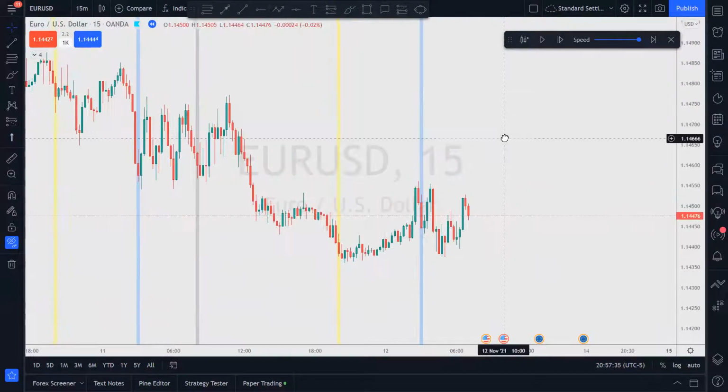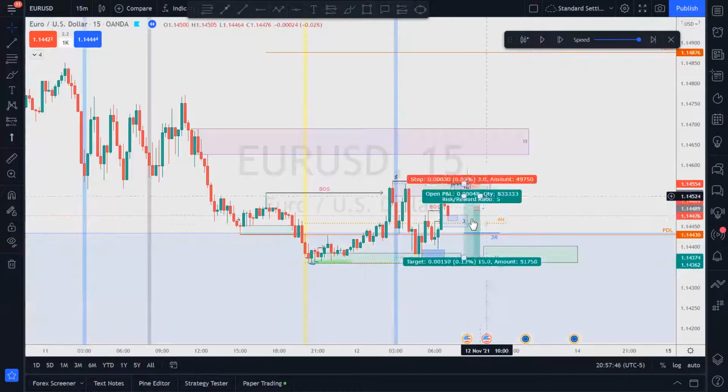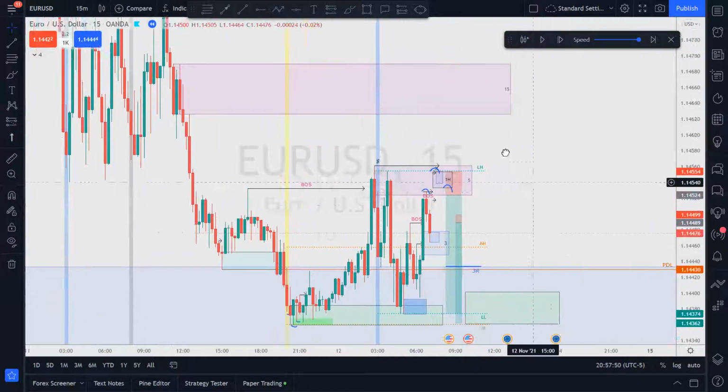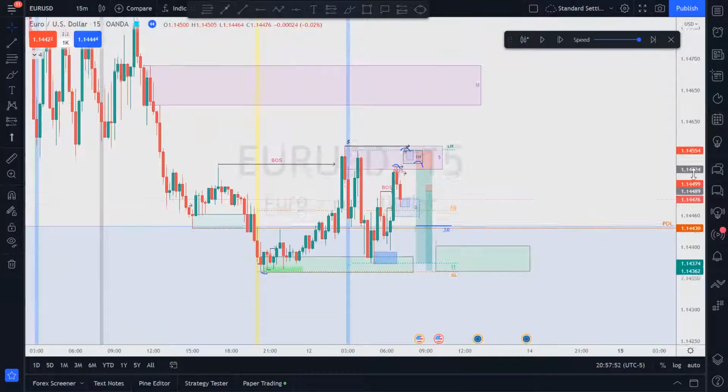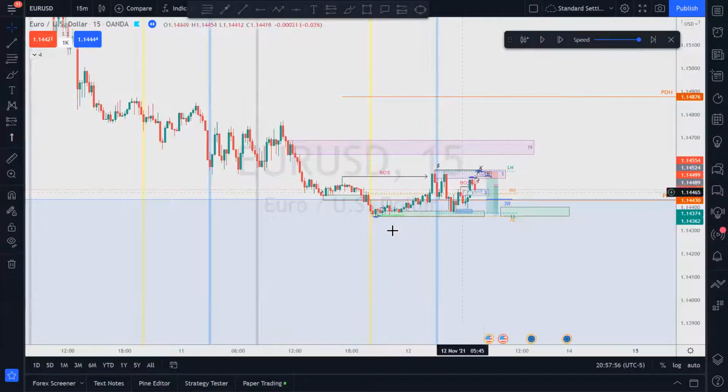That's one thing you want to make sure that you have when you sit down at your charts. You want to have done some work the night before you go to bed. You want to put on things like the highs from yesterday, the previous daily low, the previous daily high, because you know that there's liquidity laying at those areas.